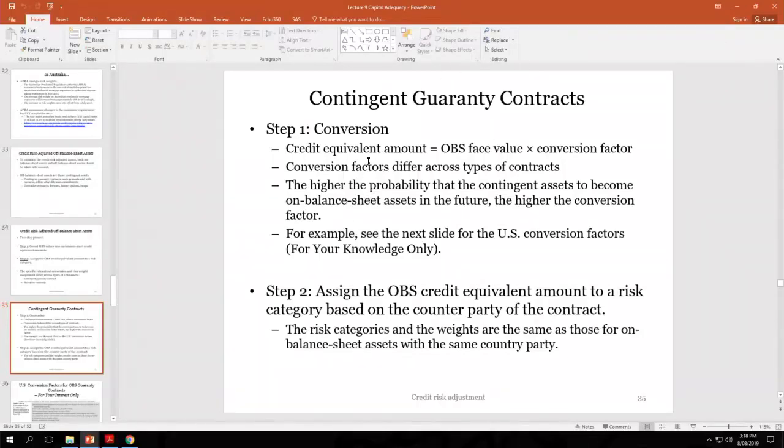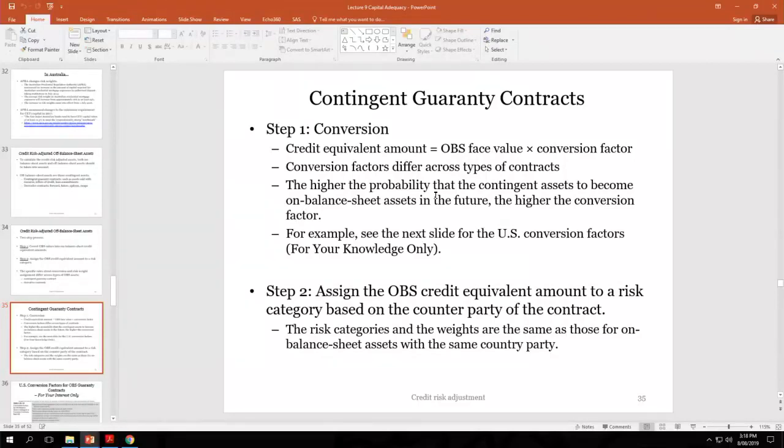So basically, the first thing you need to do is convert the off-balance sheet amount into an equivalent on-balance sheet value, right? So we know that they are off-balance sheet. Even if the face value can be large, there is a probability that they will never be realized on the balance sheet.